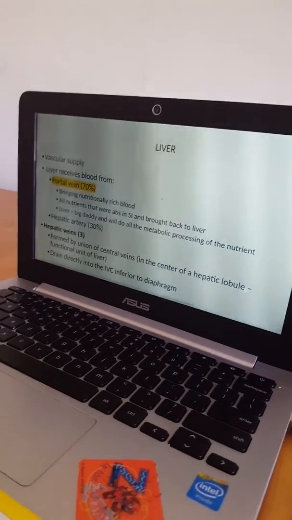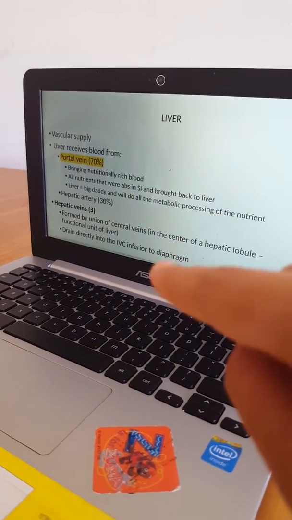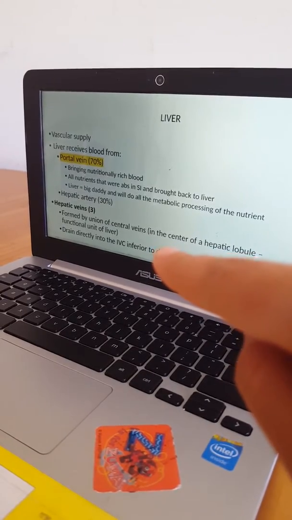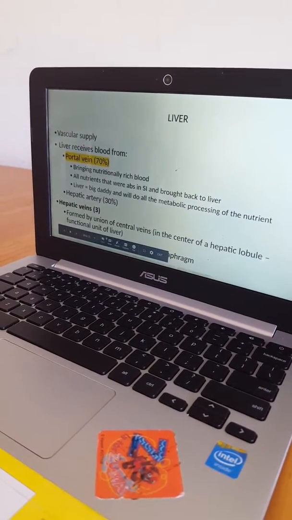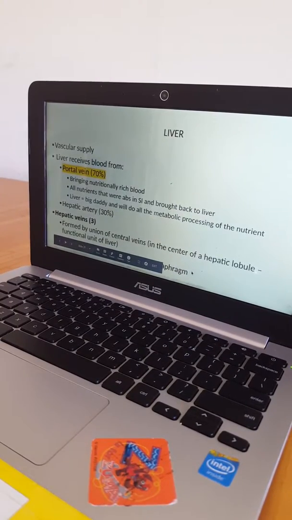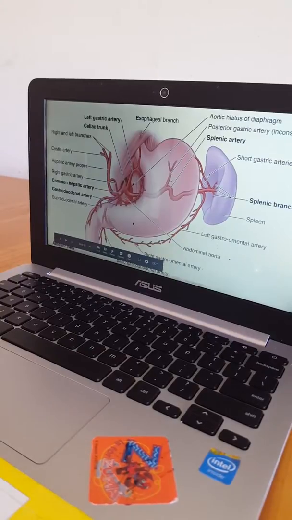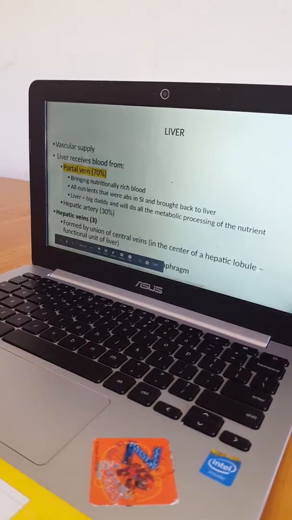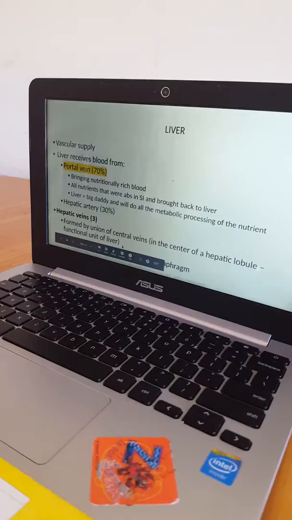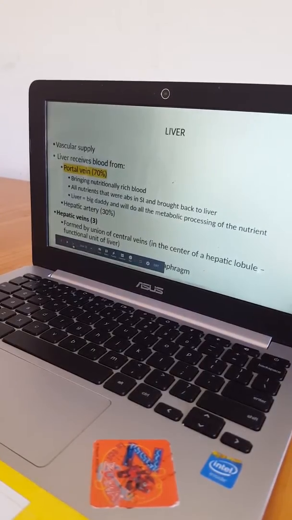So it is formed like this, hexagonal shape, and at the center of the hexagon there is a central vein. All the central veins unite together to form the hepatic veins and drain directly to the inferior vena cava.